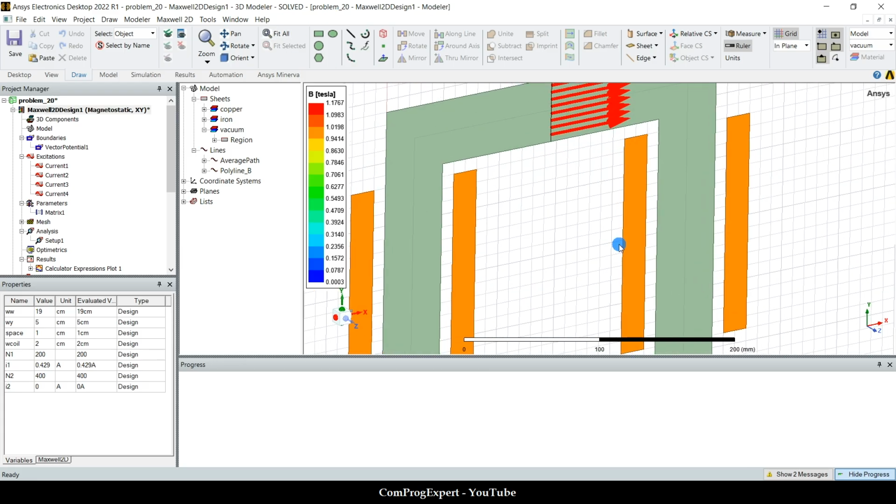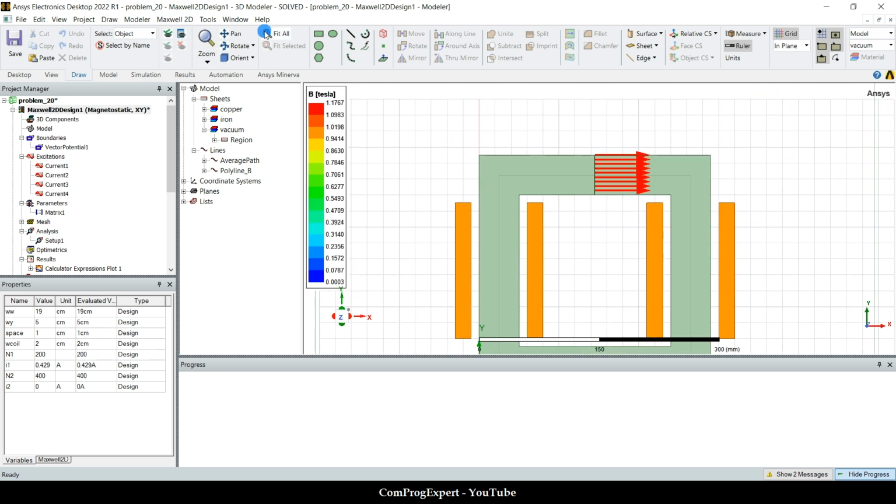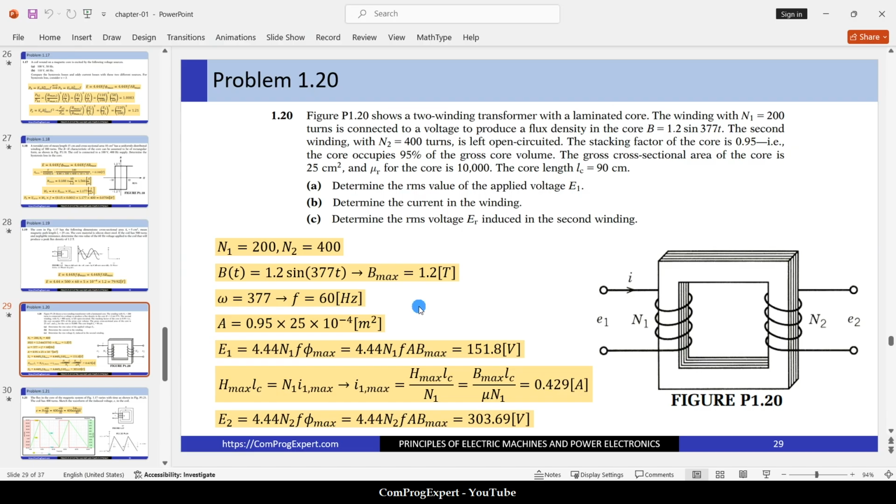Okay, so you can repeat the same calculations. You can generate the ANSYS Maxwell model. Maybe you can change these dimensions and try other cases to learn the points of this problem.